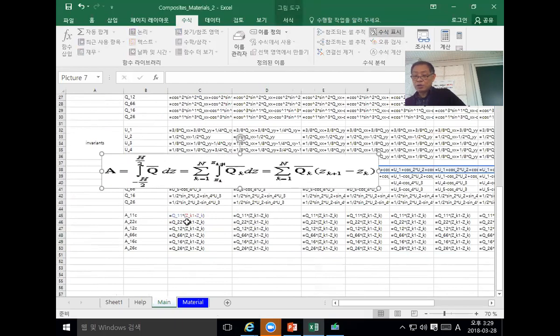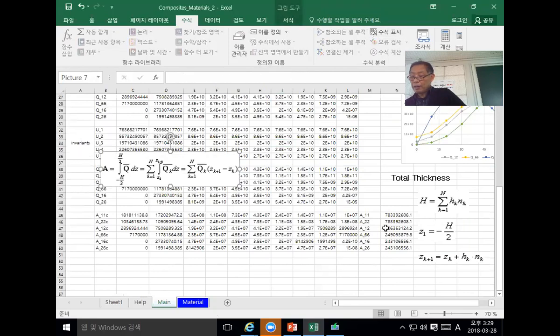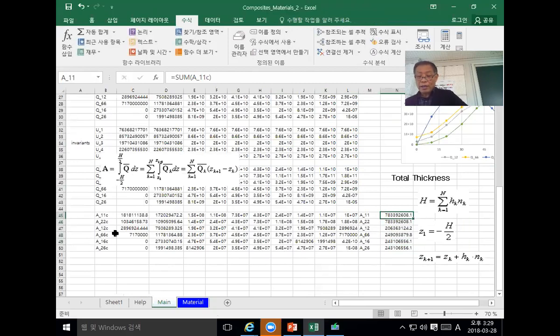And this term is not one term, it's a 3 by 3. You can see that it's 3 by 3, all the same. You can double check the equations and sum them up, and this is the final ABD matrix.